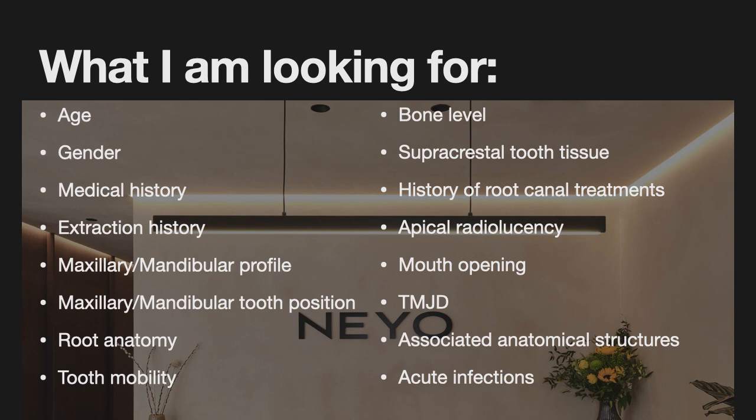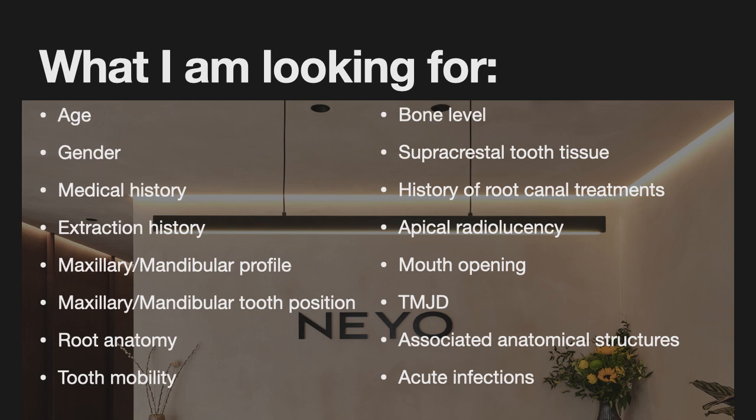If there's any apical radiolucency, this might lead me towards curetting the area just to prevent any type of infection or residual cyst, and help the healing of the bone afterwards. Mouth opening and any jaw joint difficulties. This can sometimes lead to sedation for tooth removal if someone struggles with mouth opening or has jaw joint issues.